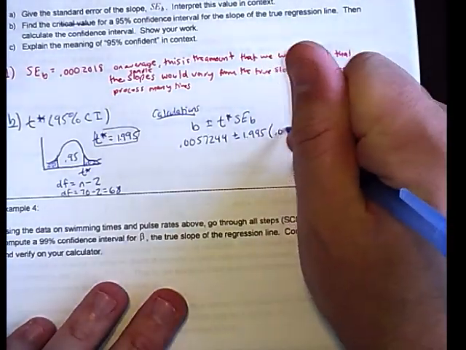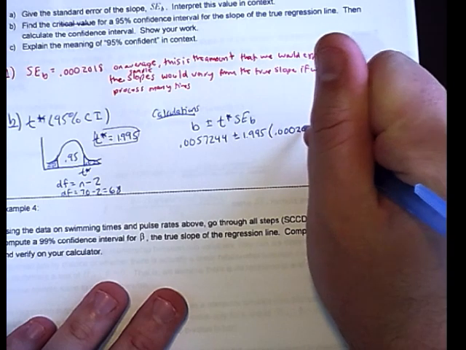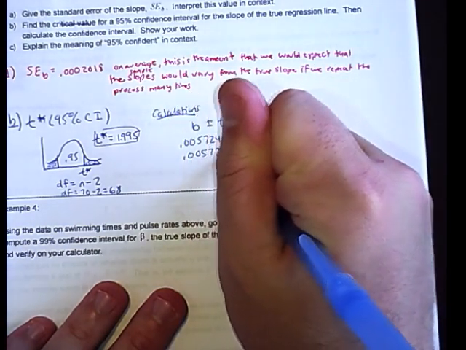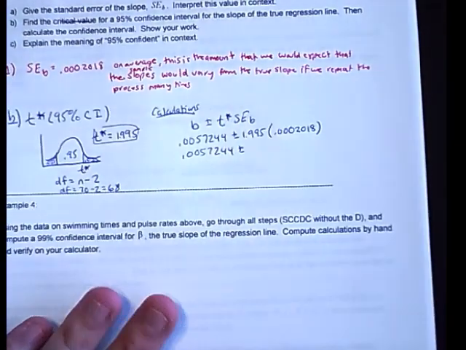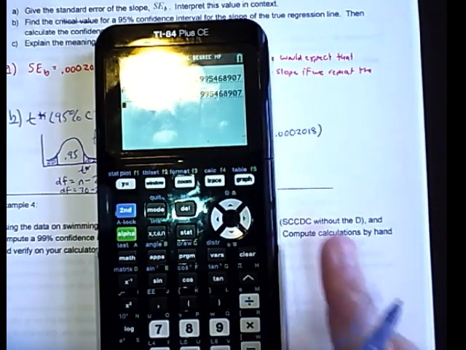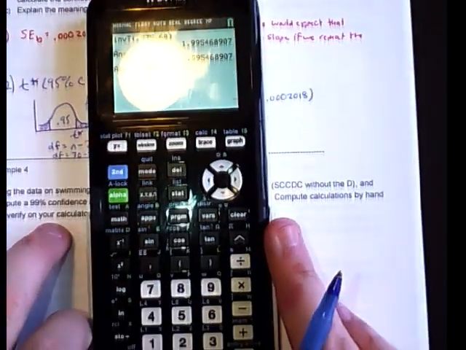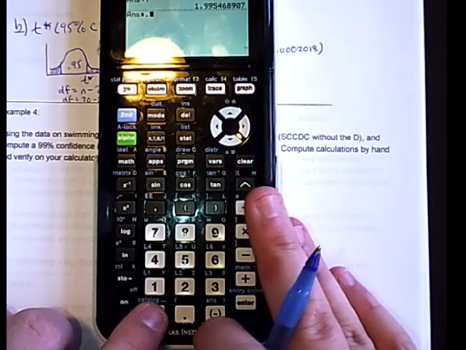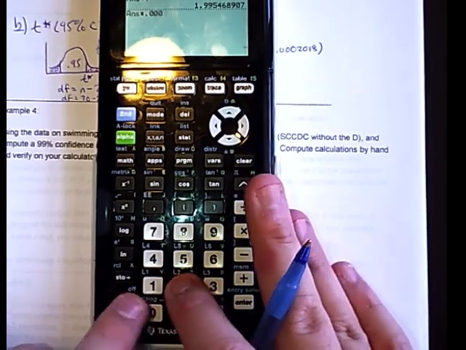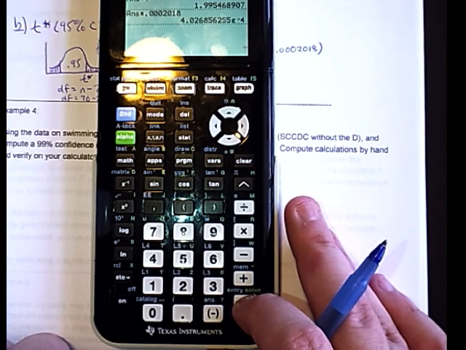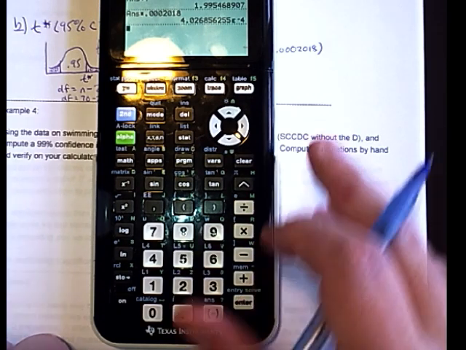So 0.0002018. On my calculator, I can take that number and multiply it times 0.0002018. Hit enter. Really, really tiny. To the -4th.